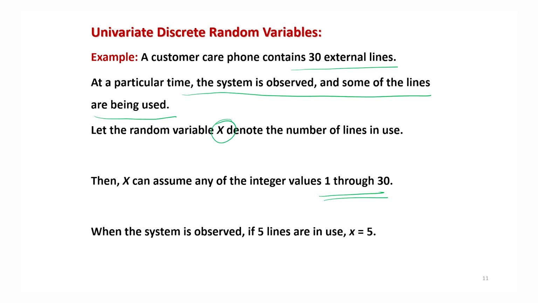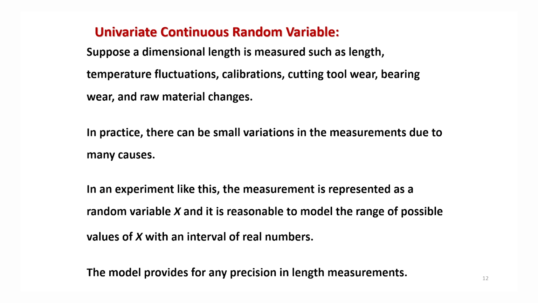Now suppose at a particular time there are 5 telephone lines being used, that means the value of the capital X here is 5. This is going to be indicated by small x. So I can say, if 5 lines are used, then small x will be equal to 5, and this is how we are going to interpret it. Okay, so now I have given you a fair idea about the discrete random variable.